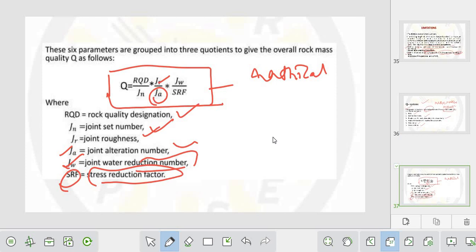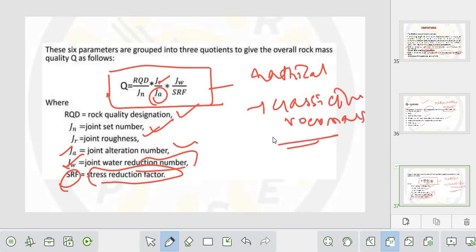I will go into detail after this. Okay, and I will cover all those engineering geology parts. Okay, so it is also a classification of the rock mass. Q system, classification of the rock mass or quality check to give the overall rock mass quality. So this is designated as Q system.